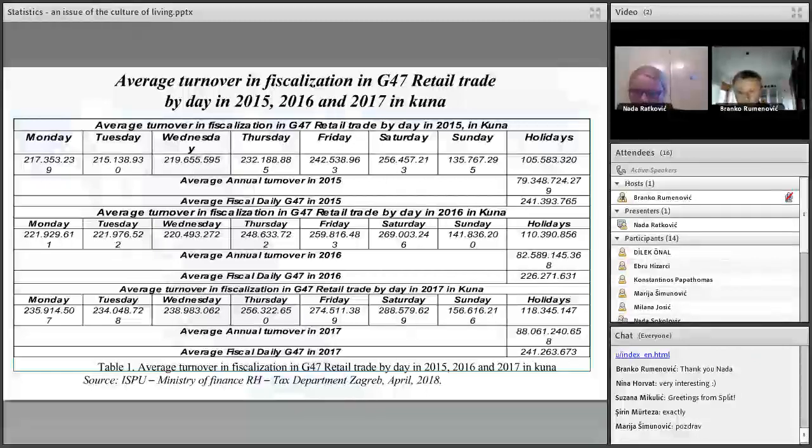So what do we see in this table? The annual average turnover in 2015 is 79 billion kuna.